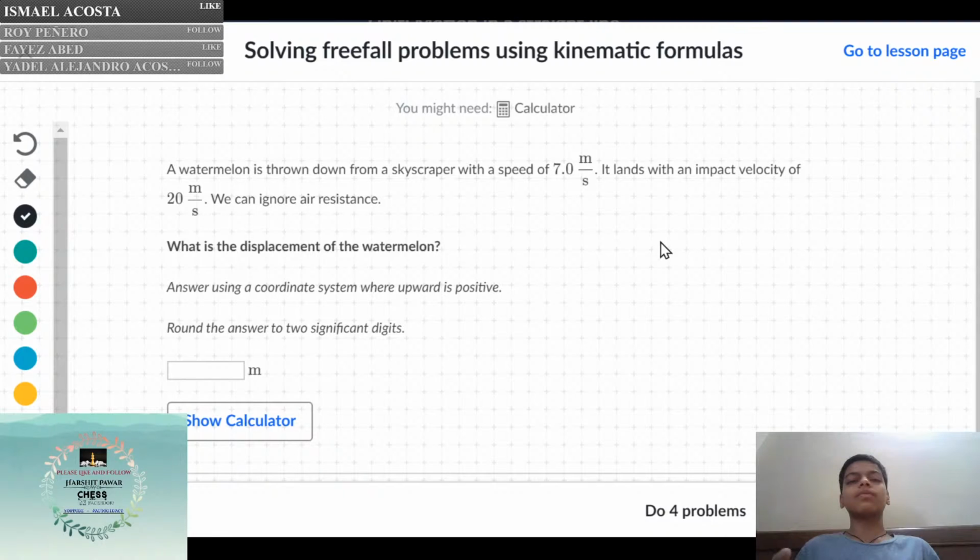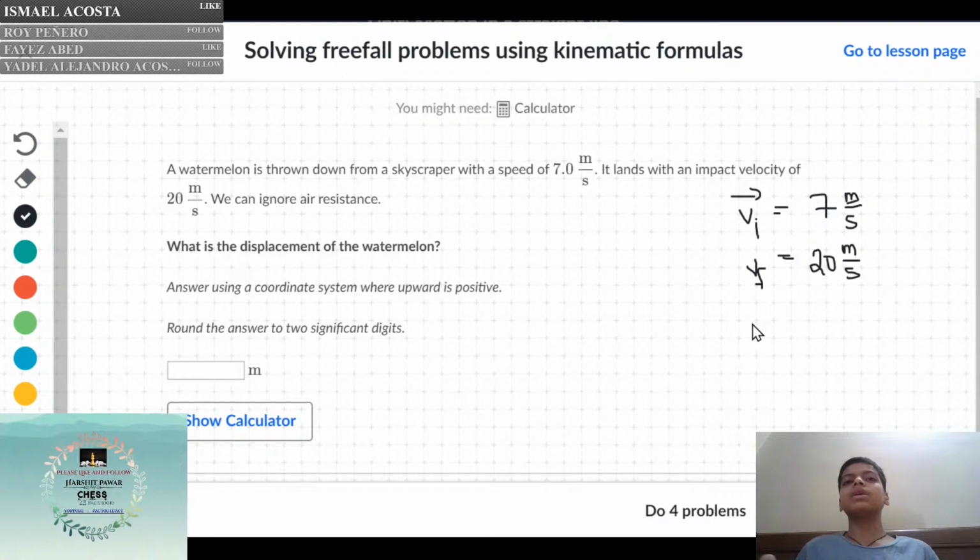Let's see what we know. We know that the initial velocity is equal to 7 meters per second, and we also know the final velocity is equal to 20 meters per second. We can ignore air resistance.